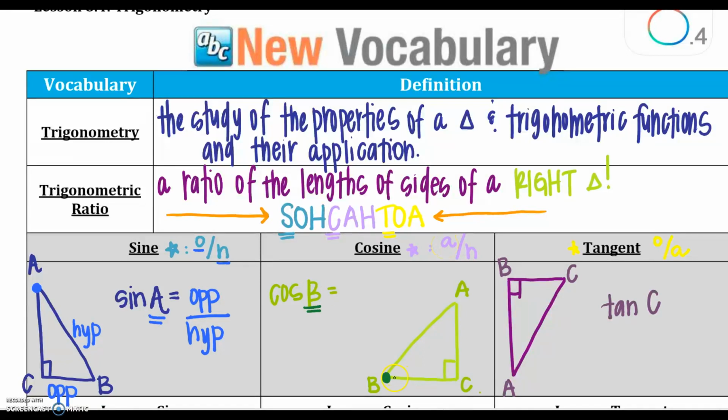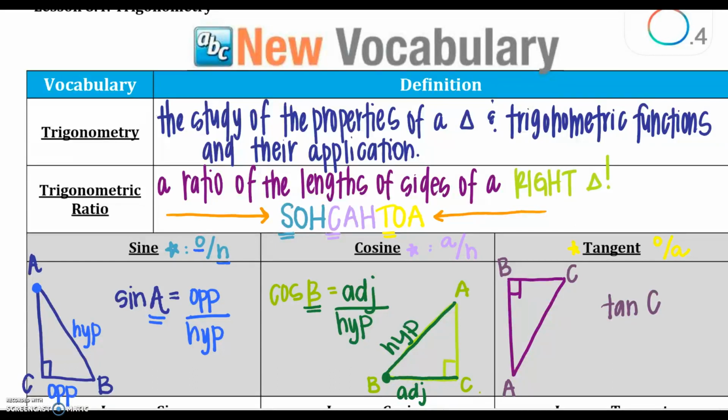Now my adjacent is the leg that touches that angle. So this would be my adjacent side, over my hypotenuse, which is always going to stay the same for any of the angles I'm talking about. So my cosine of B is my adjacent over my hypotenuse.